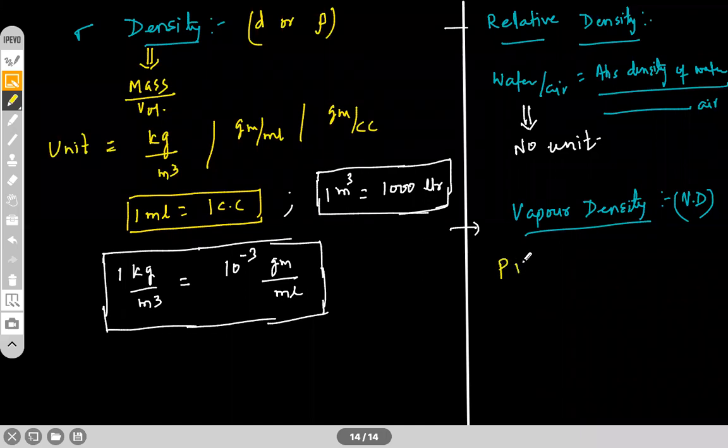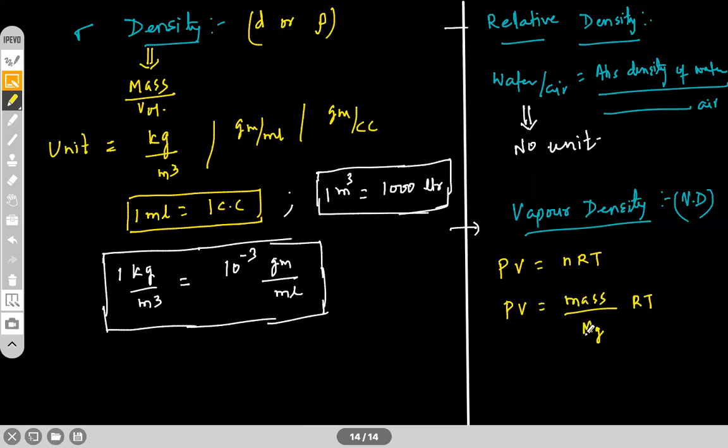PV equals nRT, the ideal gas equation. n is nothing but mole, that is mass by molecular mass of the gas, into RT. Now if I take this molecular mass this side and volume this side, it becomes what?